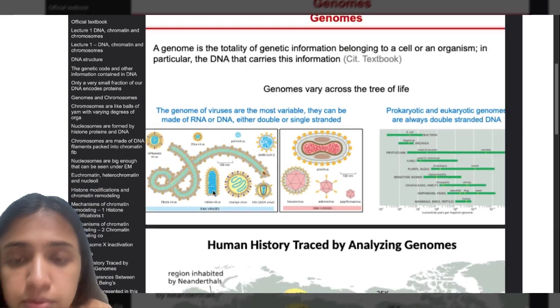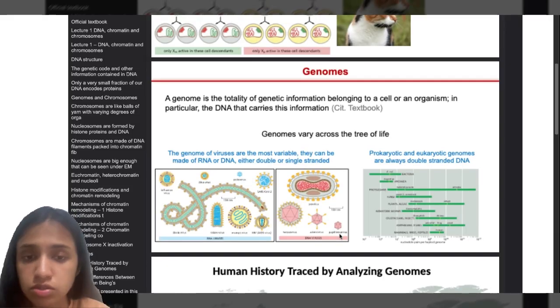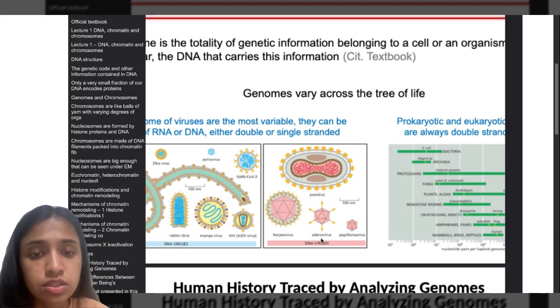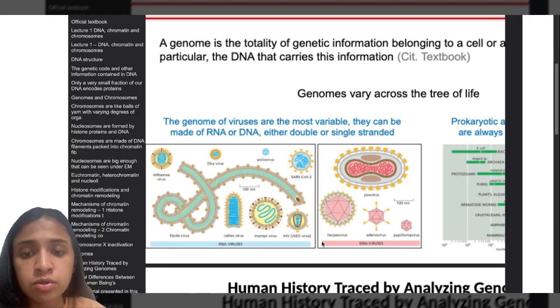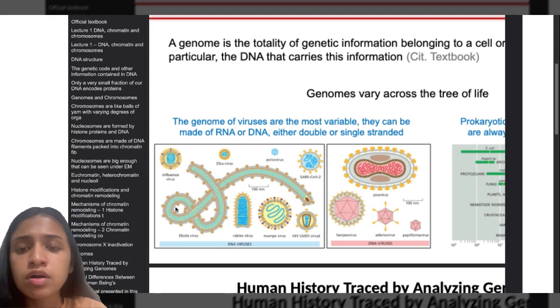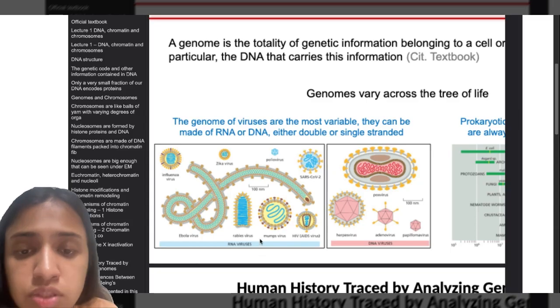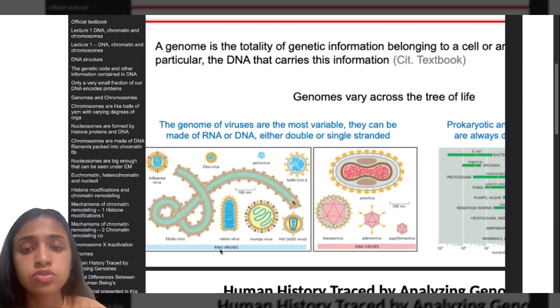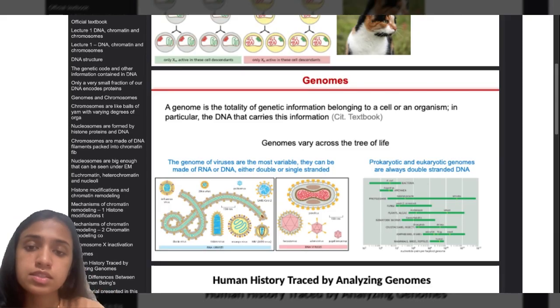Here it's a little blurry, but we're talking about the RNA viruses here, and this is the DNA viruses. DNA viruses include herpesvirus, adenovirus, and papillomavirus. For RNA viruses, you have the Ebola virus, the rabies virus, the mumps virus, and HIV. So there's more variety in RNA viruses, I'm thinking because they're smaller than DNA viruses.